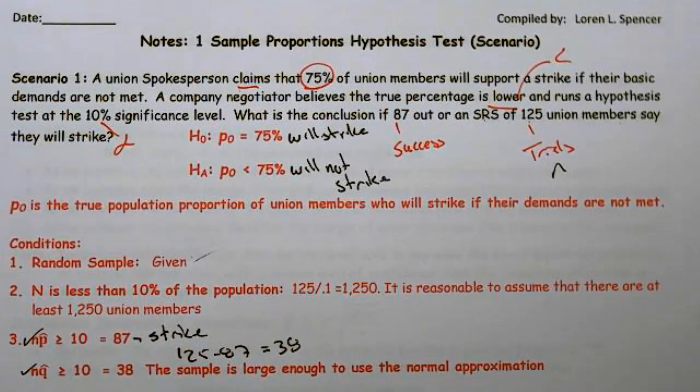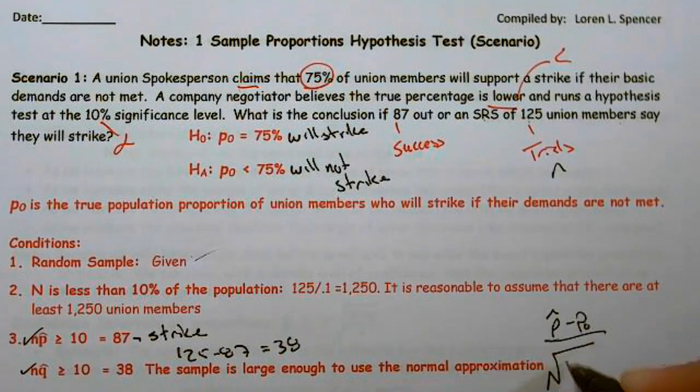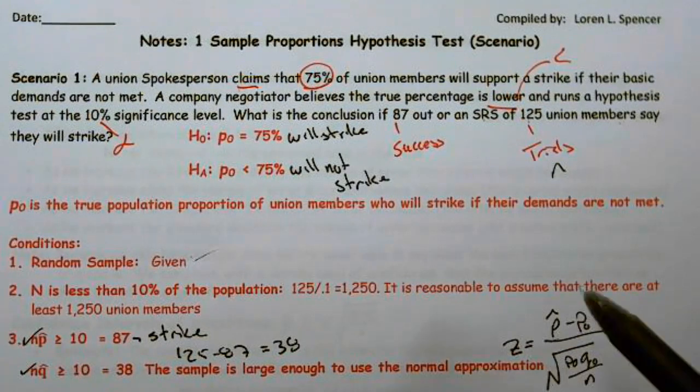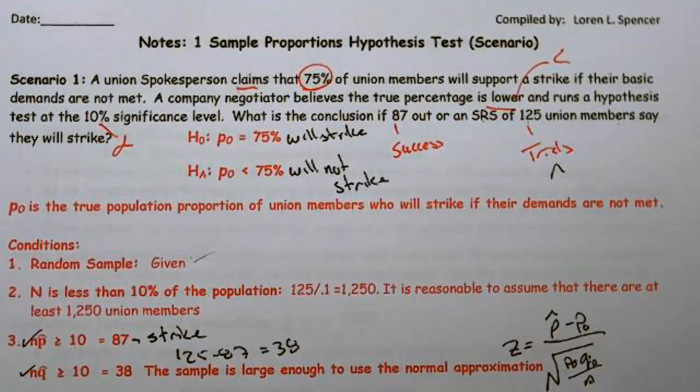Okay, so when we write down our formula, it's going to be p hat minus p naught over the square root of p naught, q naught, over n. And this is z equals. Well, we know we have p, we know we have q, we know we have n, but we don't have p hat. How do I get p hat?